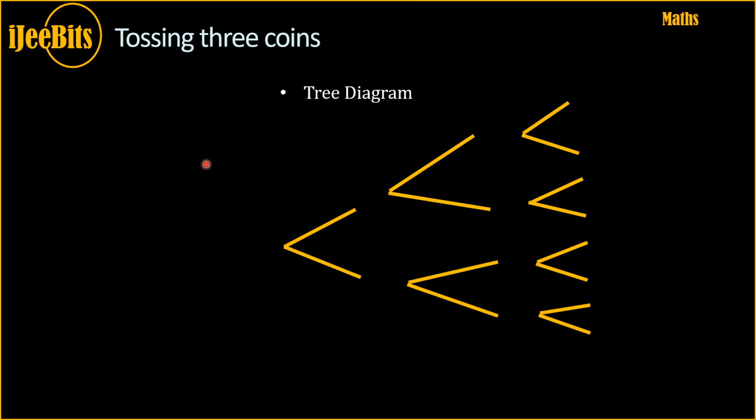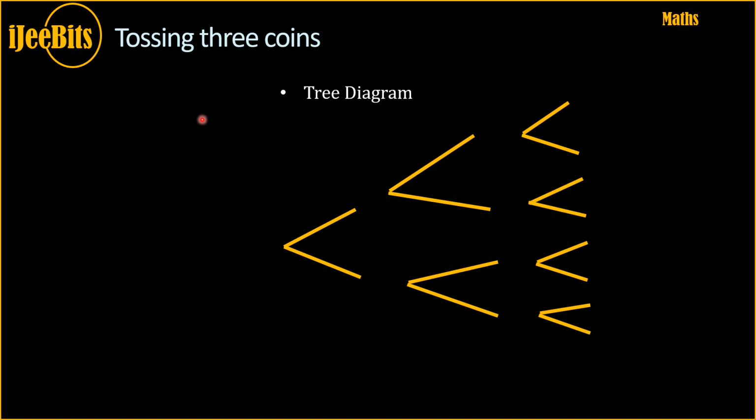Let's say you have 3 coins and you're tossing 3 coins and looking at all the sample points from these experiments to construct a sample space, right? When you have a coin, we are saying that we have 2 possibilities, head and tail, but now you have 3 coins.